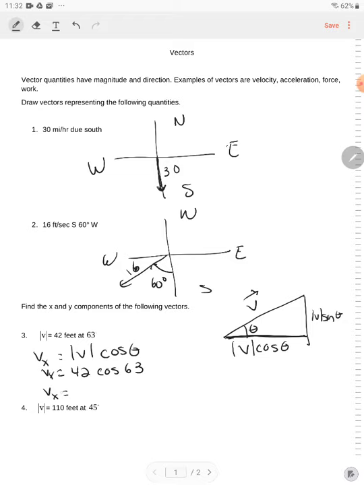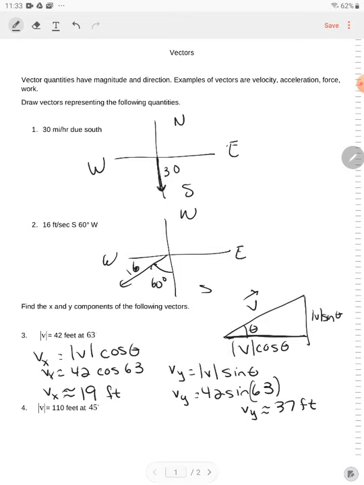So again, we're going to say approximately 19 feet. And then Vy is equal to the magnitude of V times sine of theta. So Vy is equal to 42 sine 63, which is 37.4. So Vy is approximately 37 feet.